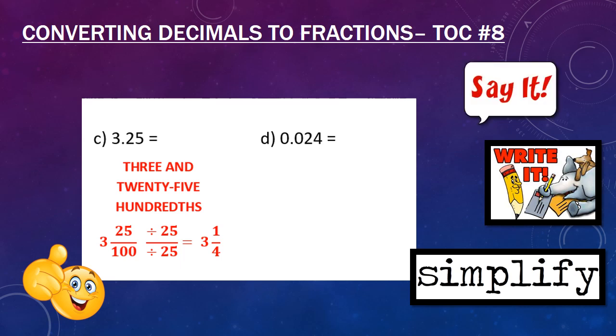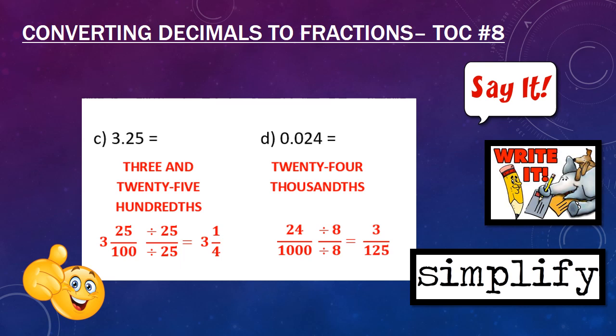Let's look at our last example. Again, we're going to say it, and that would be 24 thousandths because our last digit ends in the thousandths place. Then we're going to write it, 24 over 1,000, and then we're going to simplify. We can simplify by dividing both of these by 8, and we end up with 3 over 125, and that can't be simplified anymore.